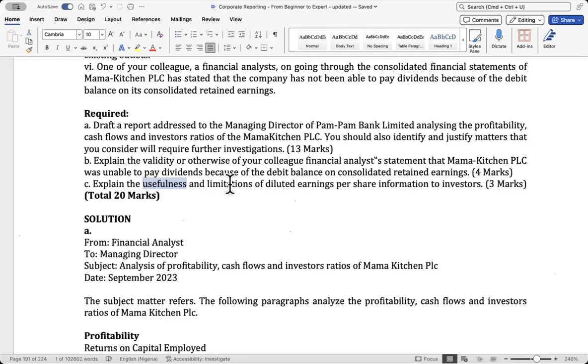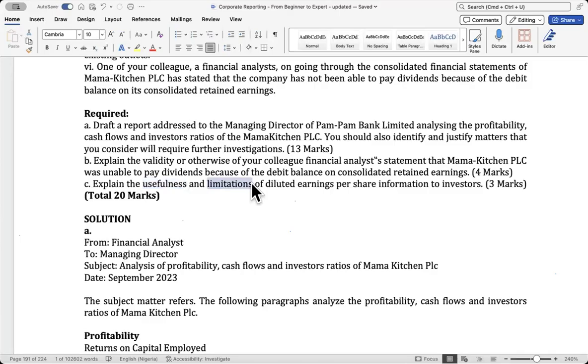But the limitation of this diluted EPS is the fact that it usually assumes that all the potential ordinary shares will crystallize at the same time, whereas it's not always like that. All of them will not crystallize at the same time. That's a big limitation for it, so what it's calculating is inaccurate.